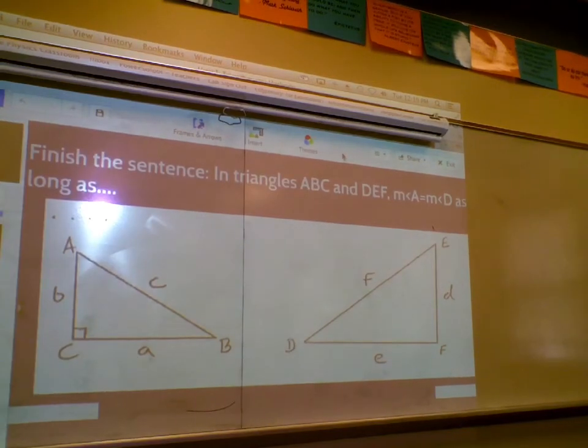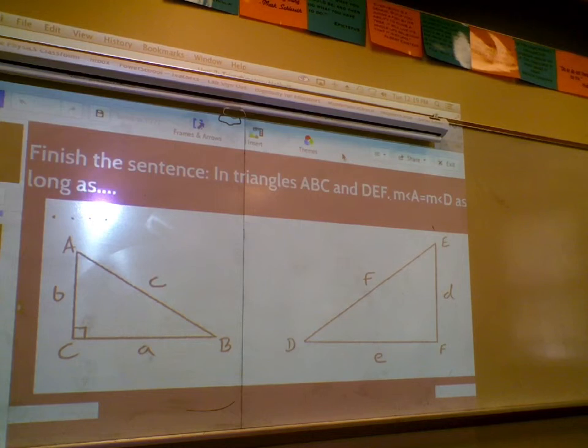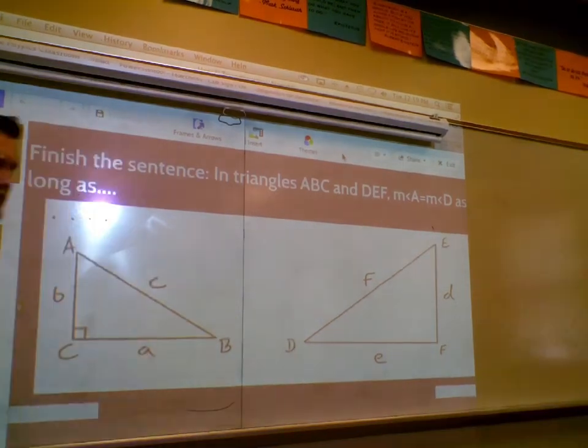So if A and D are equal, talking about big A and big D, if those are equal, what has to be true? Okay, B equals E. That's kind of a result of A and D being equal. But in order for A to equal D, what has to be the case?